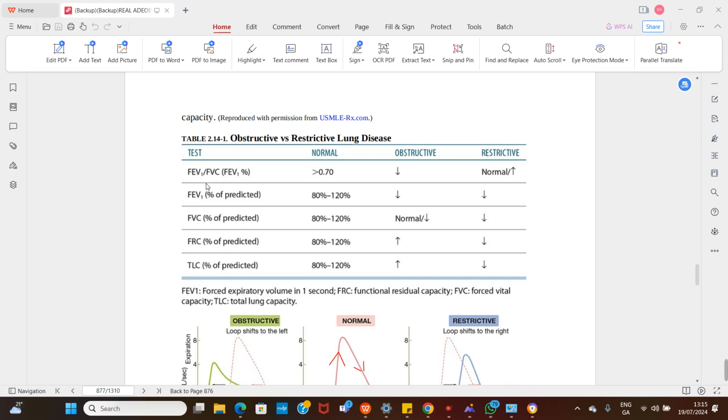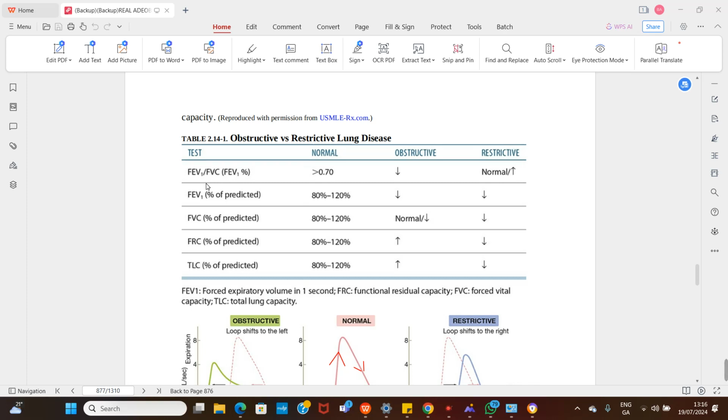I won't be calling the full name because it makes me drag the whole thing. So FEV1 over FVC, that ratio in a normal setting should be more than 0.7. But aside from that, you also measure your FEV1 separately, and the value should be between 80% to 120%. Just say more than 80%.